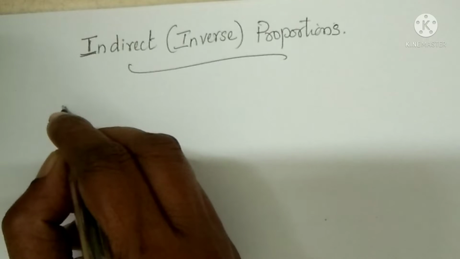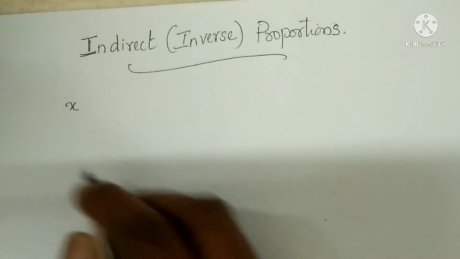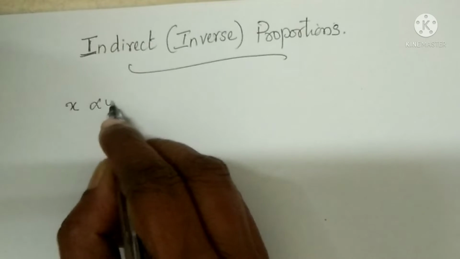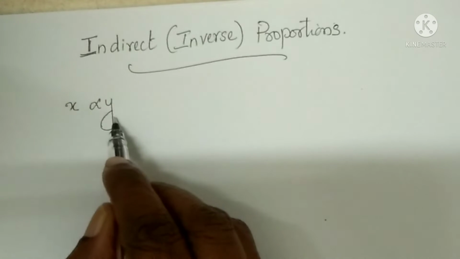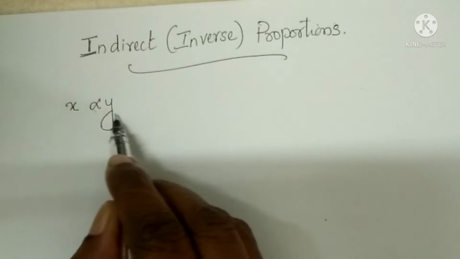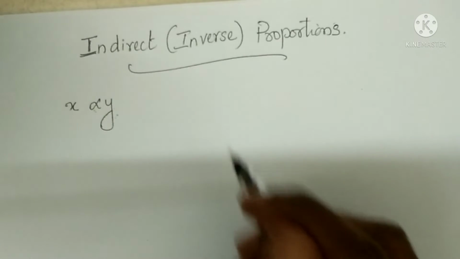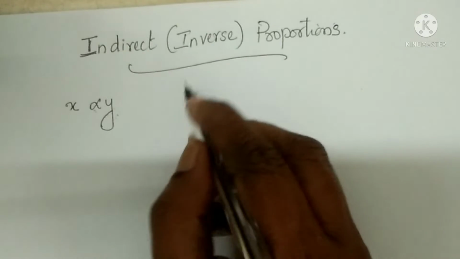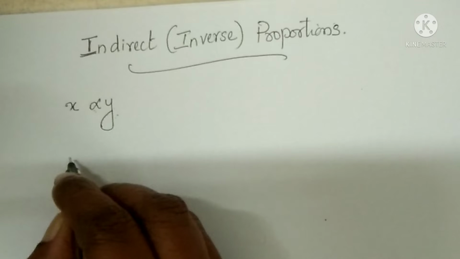Now, we have learned how to write x varies as y. This is read as x is proportionate to y or x varies as y. But when you have to write x is inversely proportionate to y, we write in a different way.